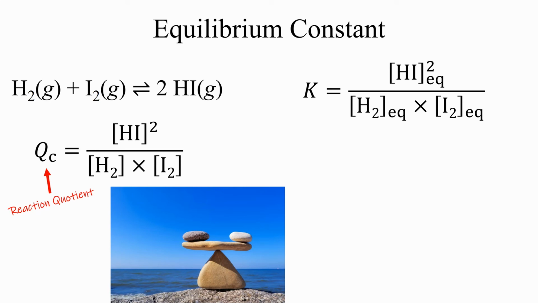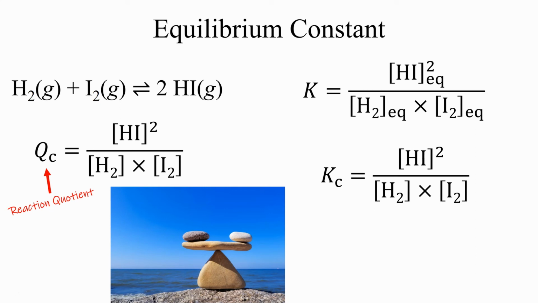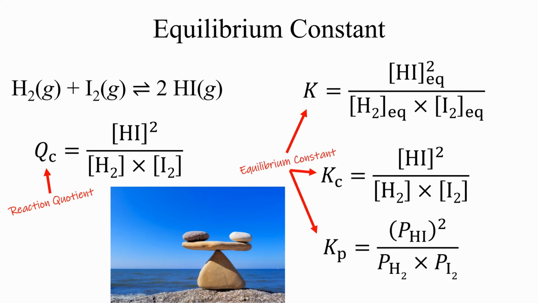Now in this example we have shown with these subscripts that we have all of our concentrations at their equilibrium concentrations, but we usually don't show that. And so we can represent the equilibrium constant through either Kc, if we're talking about concentrations, or Kp, if we're talking about partial pressures.